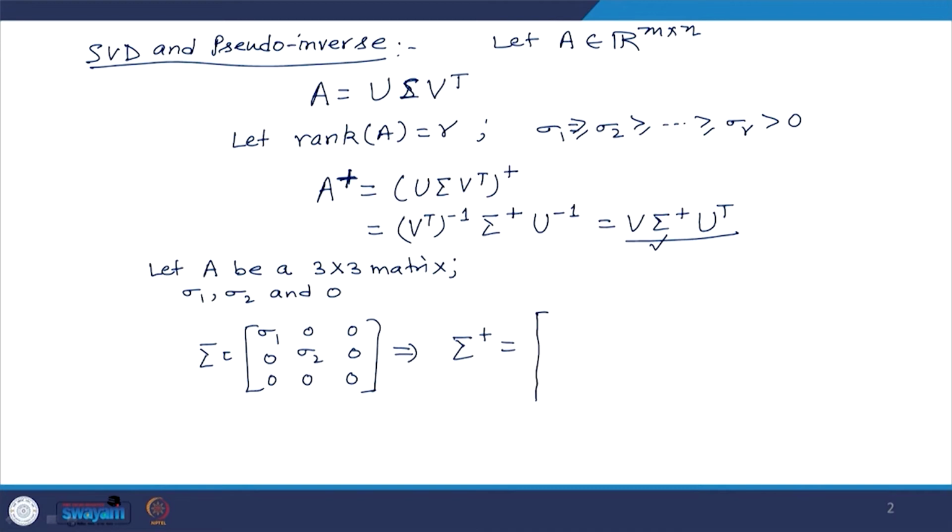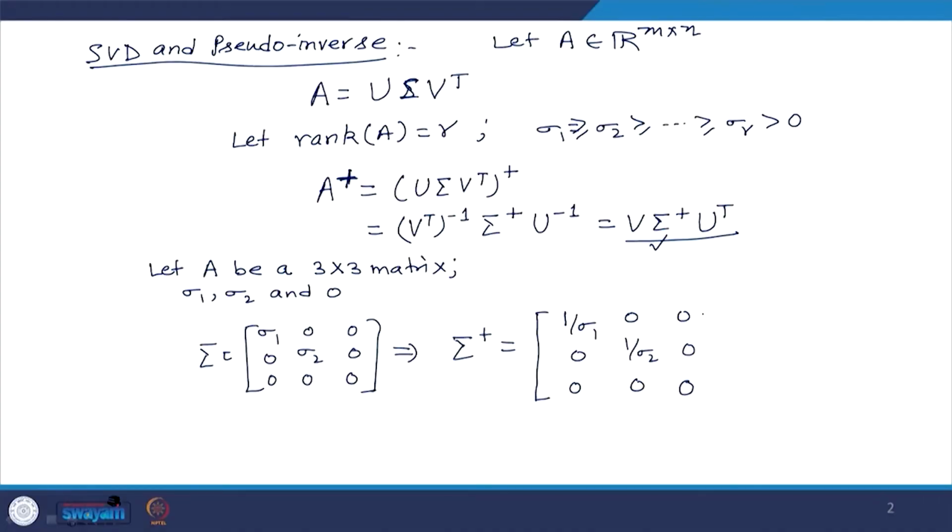It will become 1 upon sigma 1, 0, 0; 0, 1 upon sigma 2, 0; 0, 0, 0. Like in usual cases, if we are going for the inverse and the diagonal matrix has entries A1, A2, A3, then the inverse will have diagonal entries 1 upon A1, 1 upon A2 and 1 upon A3, but here it would become 1 upon 0.